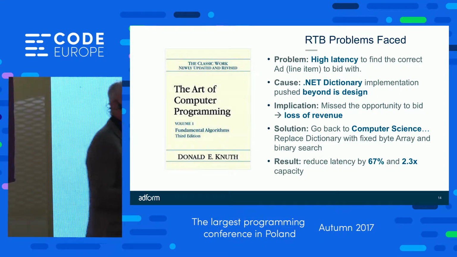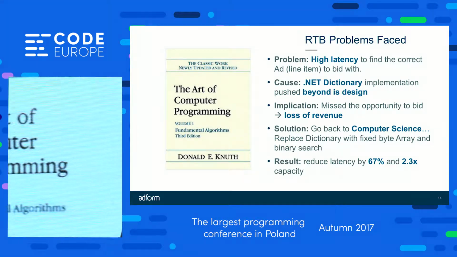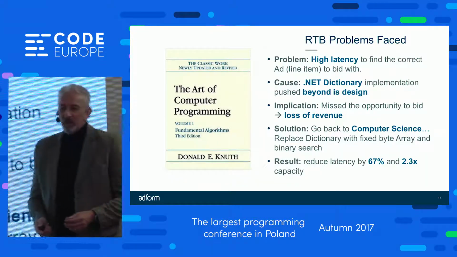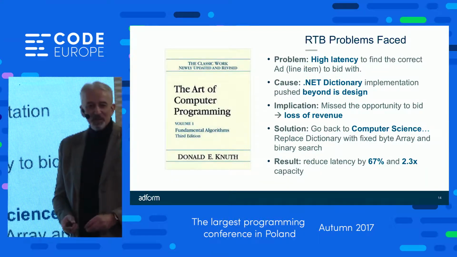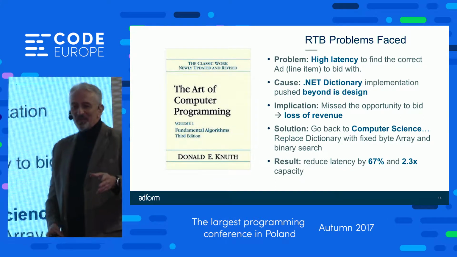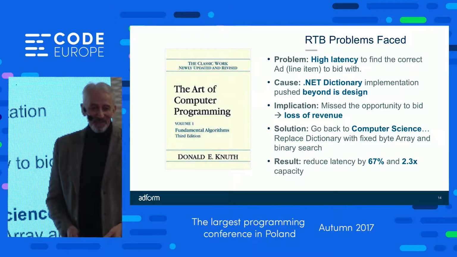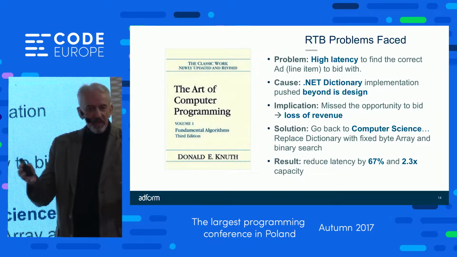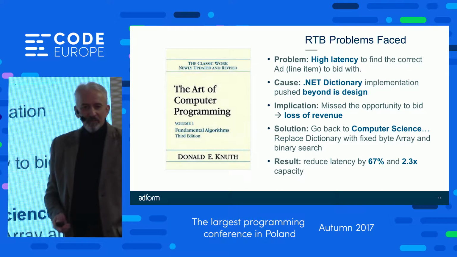So we looked for algorithms that we could use. We came up with a fixed length binary array, and we did a binary search in it, just like you did in like the second week of your computer science courses at university. And that solved the problem. But we did that, of course, in C, and that allowed us to do it very, very fast.